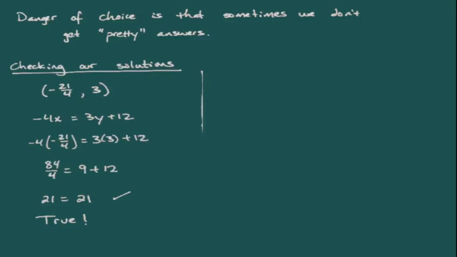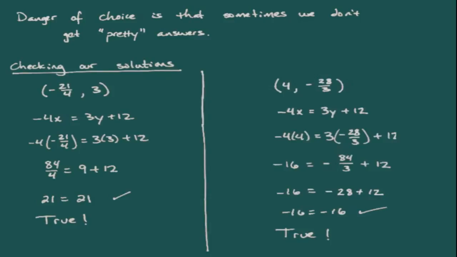The danger of this choice is that sometimes in choosing, we don't necessarily get pretty answers. So we could go back and check that our answers really do give us true solutions by plugging into the original equation.